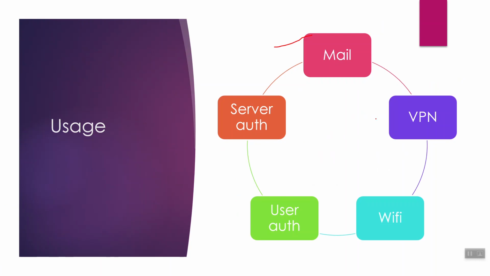Okay, it can be used for VPN. When we are making a VPN profile in the Intune portal, we have the option of linking that VPN profile with a certificate. Therefore, that VPN connection is going to be secured, and the certificate is going to be used for that VPN connection. It can be used for authenticating with Wi-Fi.